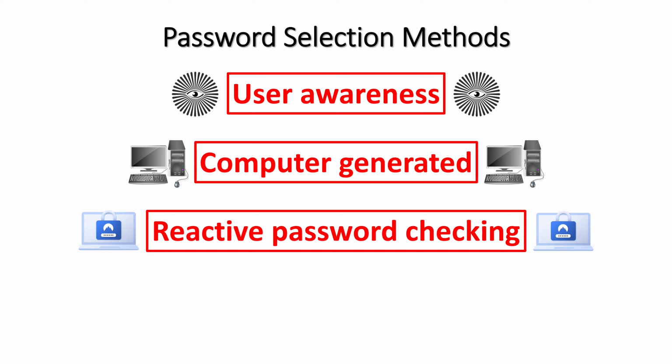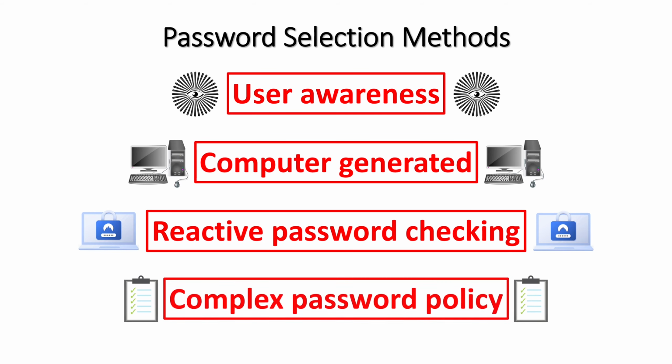Reactive password checking just involves a system periodically running its own password cracker to ensure that none of its users' passwords are guessable or crackable. This is a good implementation to ensure that a user's password remains up to date with current and recommended secure password standards and policies. A complex password policy is a password security guideline that is enforced by a system.